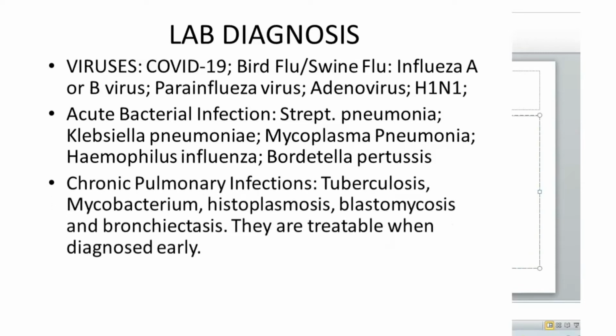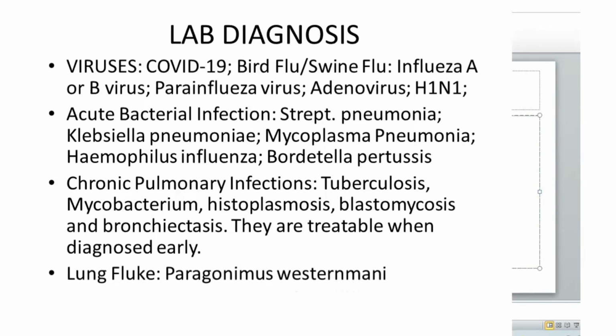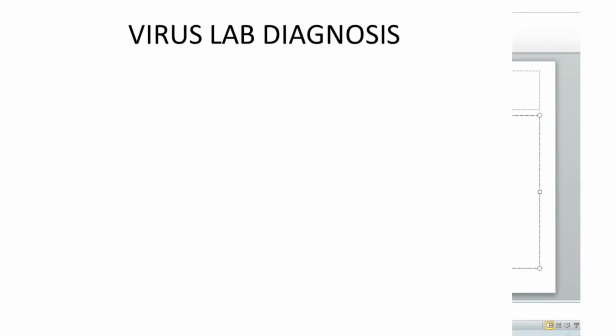Chronic pulmonary infection: you have tuberculosis. Mycobacterial species are also in abundance. Histoplasmosis: these are fungi appearing as yeast cells. Blastomycosis. Lung fluke, yes, that's Paragonimus westermani, that will reside in the lung, causing serious havoc.